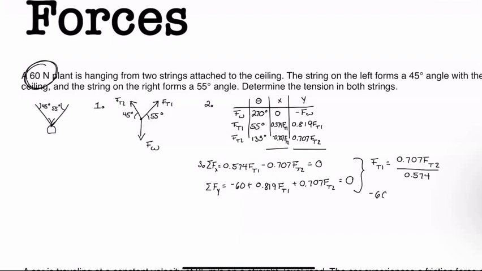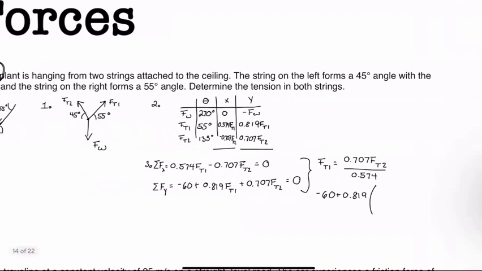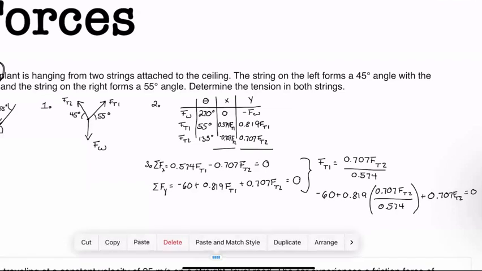So -60 plus 0.819, and I'm going to substitute here 0.707 FT2 divided by 0.574, plus 0.707 FT2. And this is equal to 0. Now that I have that equation, I can isolate for FT2.